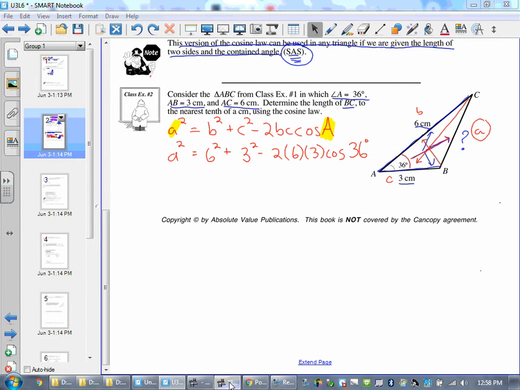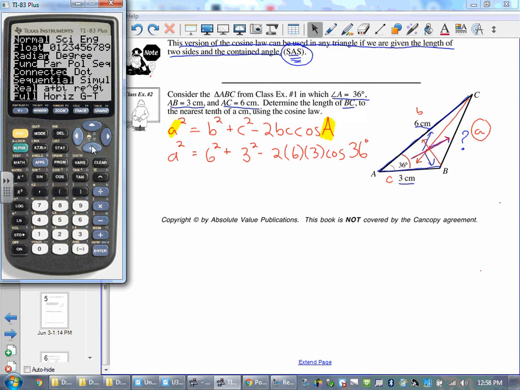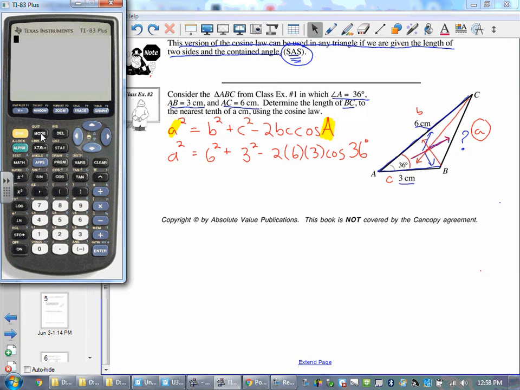Alright, so we're entering this in our calculators. I need to make sure I'm in degrees. So 6 squared plus 3 squared minus 2 times 6 times 3, and then the cos of 36. So a squared is 15.875.